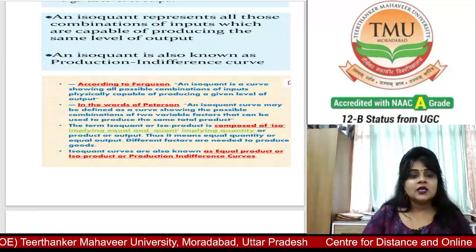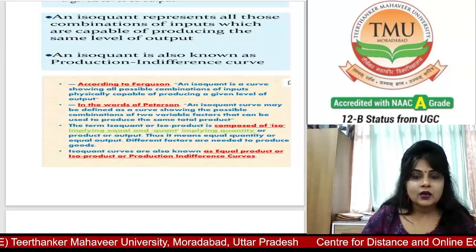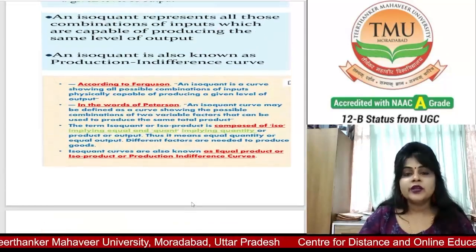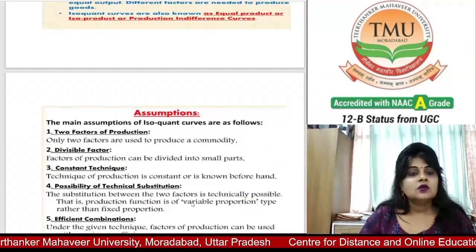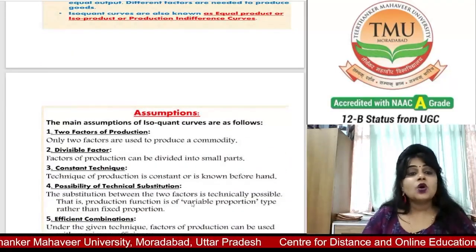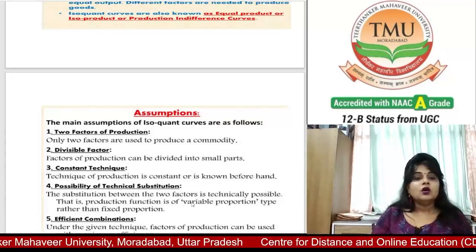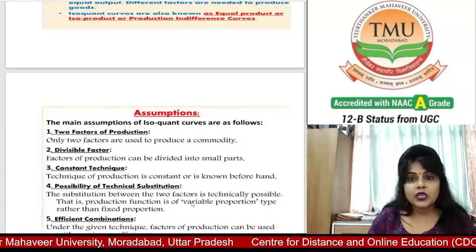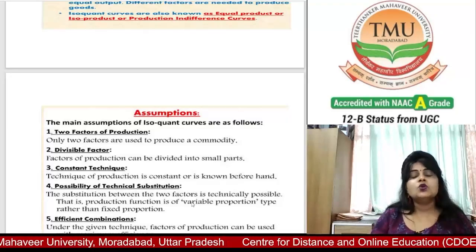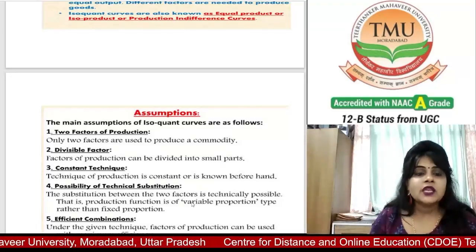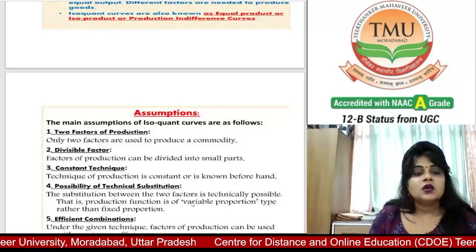So we can say that isoquants are called the equal product or iso product curve. Again, as all the combinations yield the same level of output, the producer tends to be indifferent among them. So, isoquants are also known as producer indifference curves.